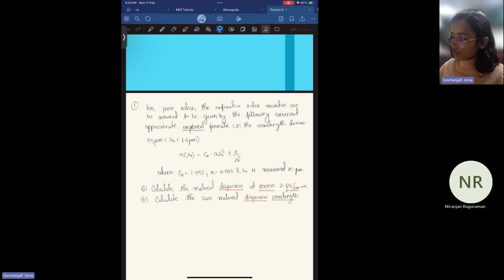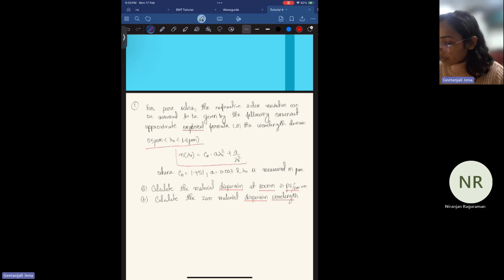For pure silica, the refractive index variation can be assumed to be given by the following convenient approximate empirical formula, in the wavelength domain 0.5 to 1.6 micrometer. So the expression is given.